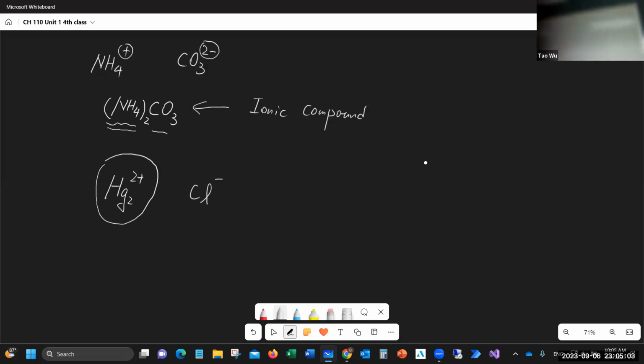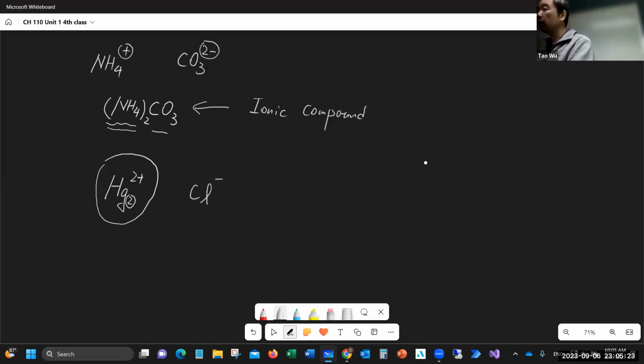What do you think? Is this a monoatomic ion or a polyatomic ion? Think about the definition. This is a polyatomic ion, because it shows a 2 there.